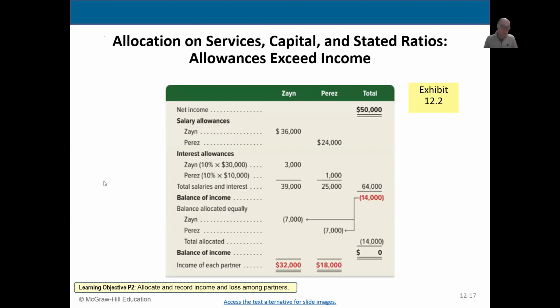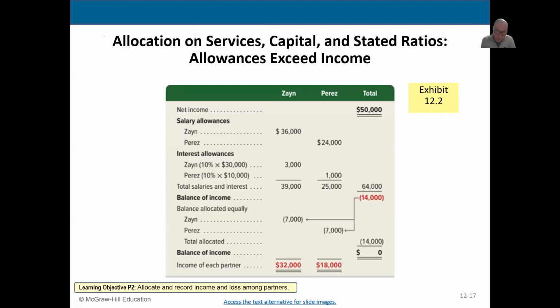Let's say that they didn't do so well the first year. Instead of that 70,000, they only brought in 50,000. Well, okay. Remember, the agreement still governs this partnership. Net income was 50. They still have received the same salaries.